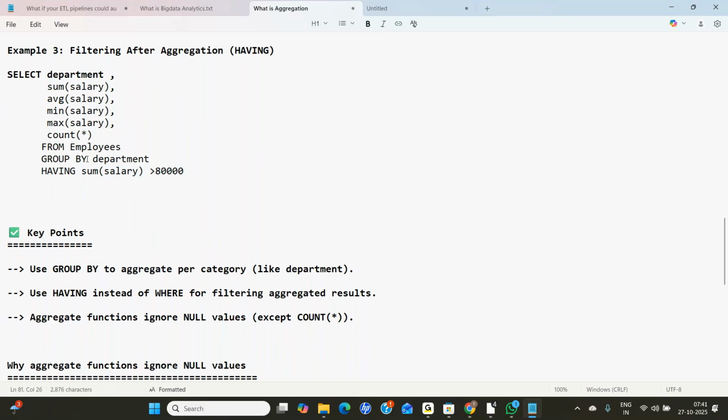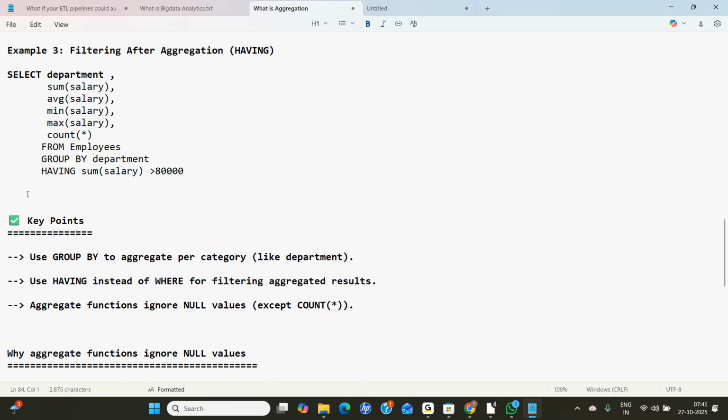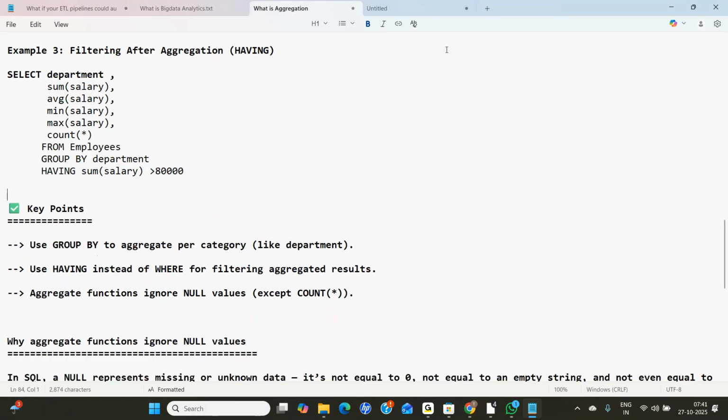So finally, from this overall discussion, what are some important key points? Are you clear with this? Yes, sir. Okay, fine.